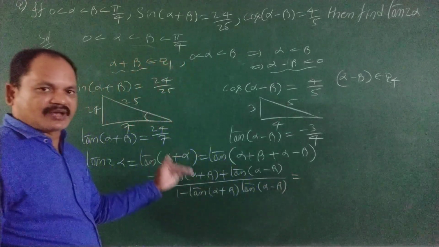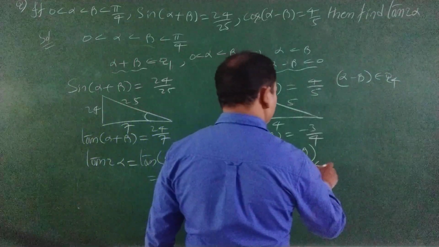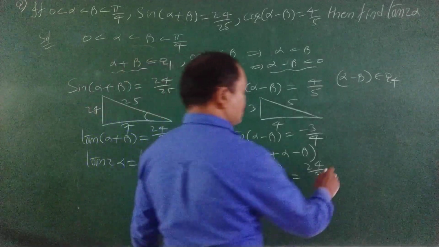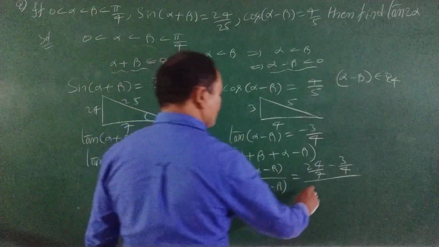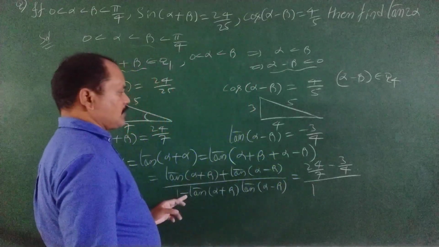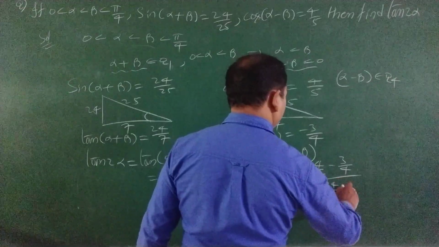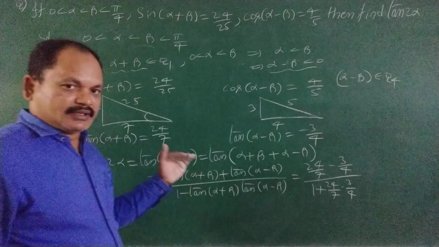Now we have to substitute here. Tan(alpha + beta) is 24/7, tan(alpha - beta) is minus 3/4, whole divided by 1 minus into minus, plus 24/7 into 3/4.